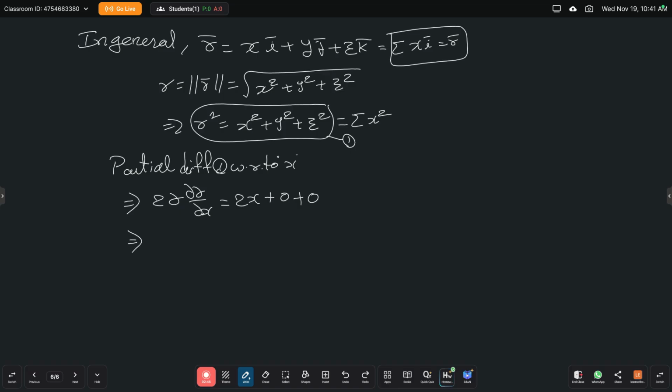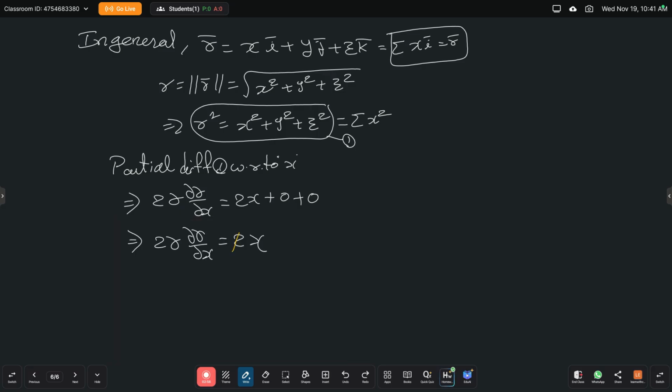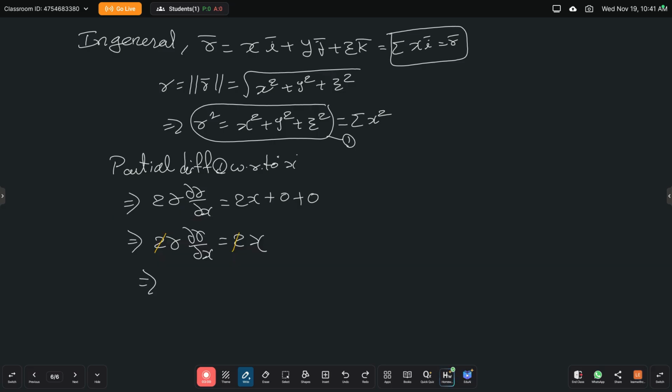So 2r into dou r by dou x equals 2x. Here 2 and 2 get cancelled, so dou r by dou x equals x by r. This will be helpful for our problems.